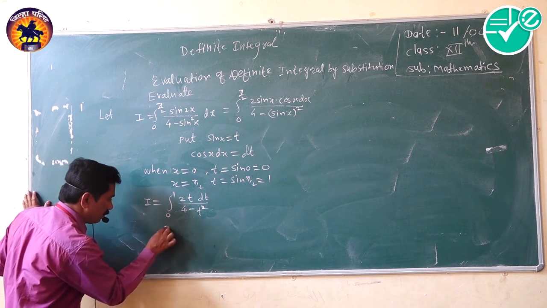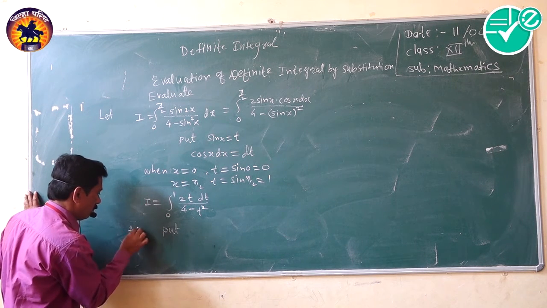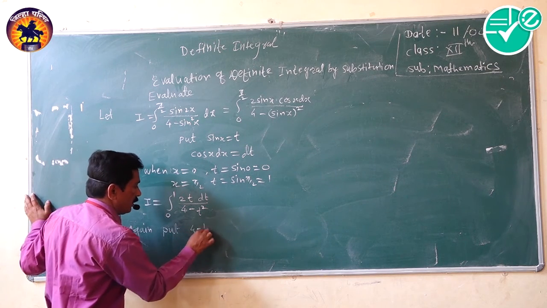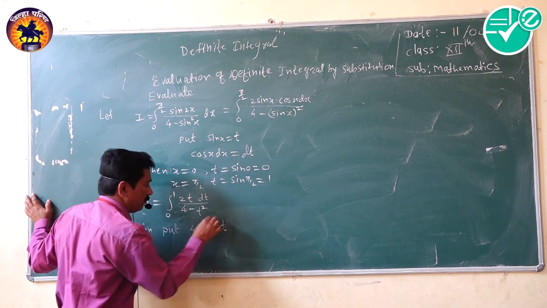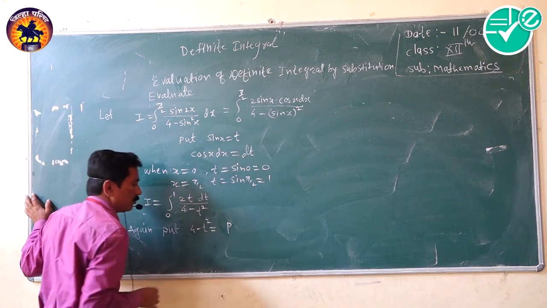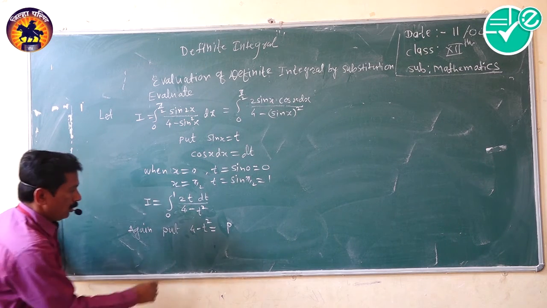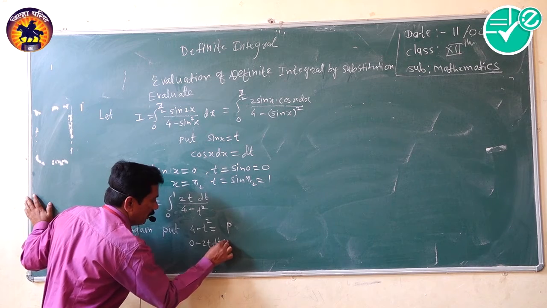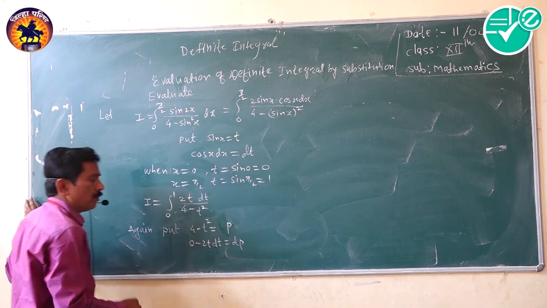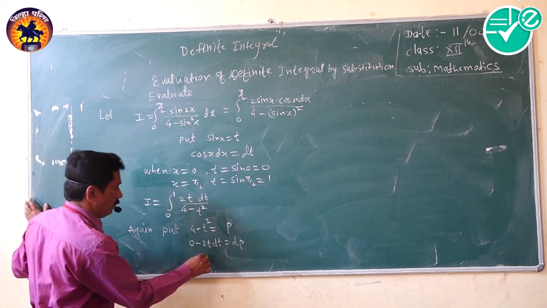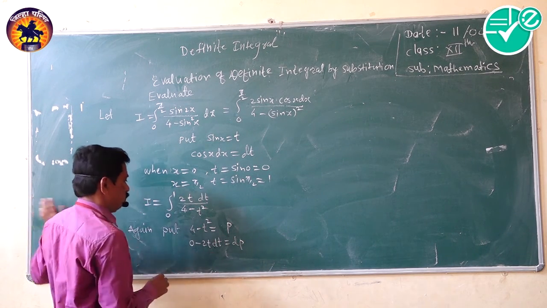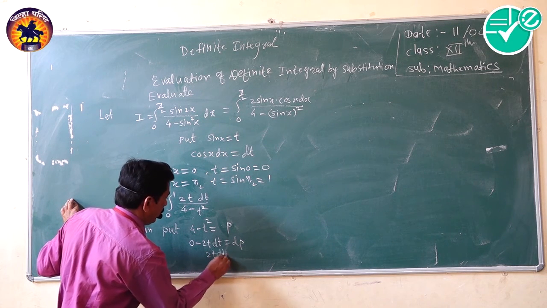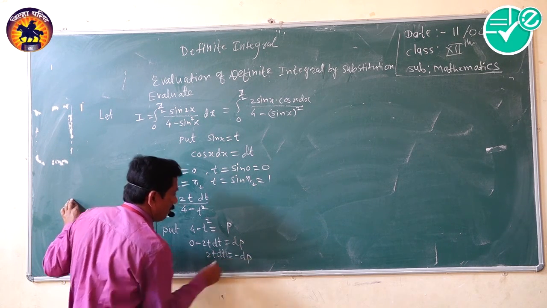Now this is 2t dt upon 4 minus t square. Again put 4 minus t square is equal to p. Therefore, 0 minus 2t dt is equal to dp, and this will become 2t dt is equal to minus dp.